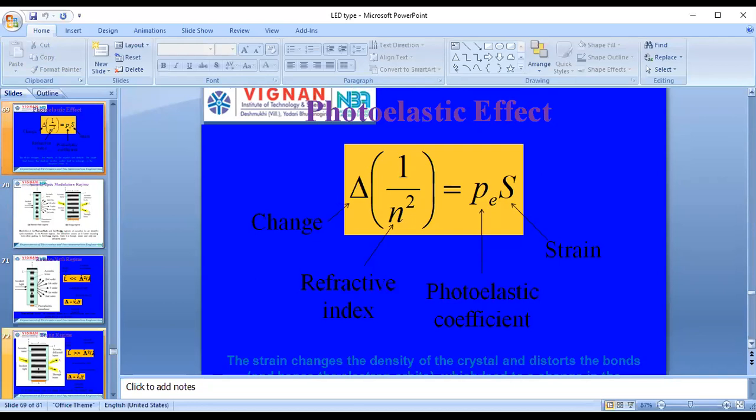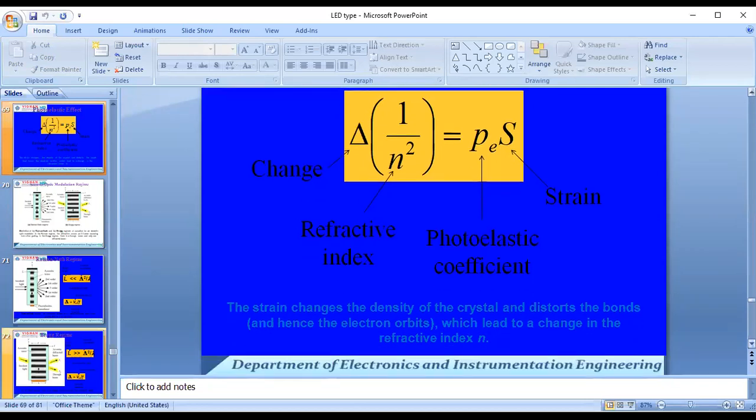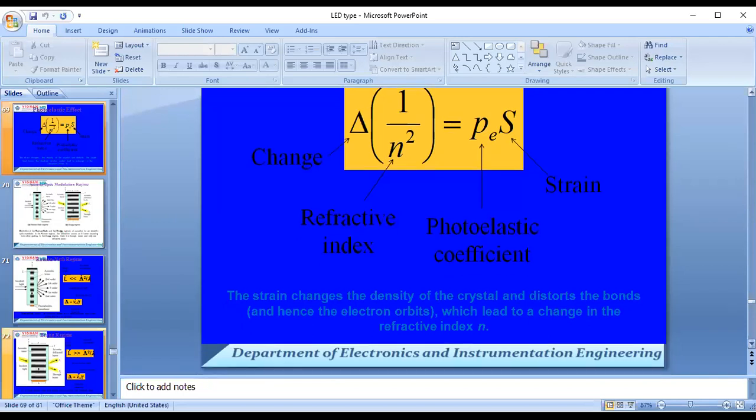That is the principle produced in the acousto-optic modulator. The strain changes the density of the crystal, which distorts the bonds, and automatically the electron orbits change, which leads to a change in the refractive index.